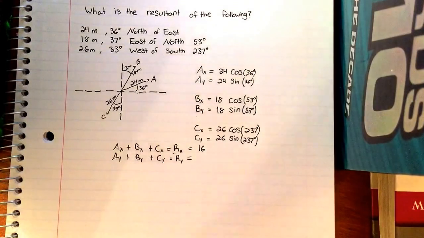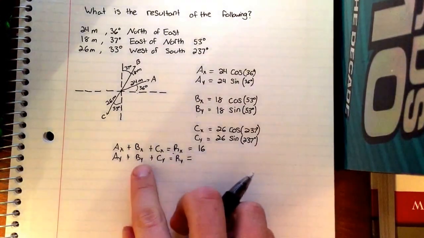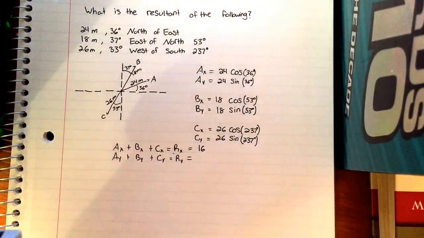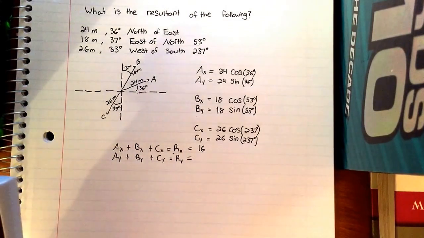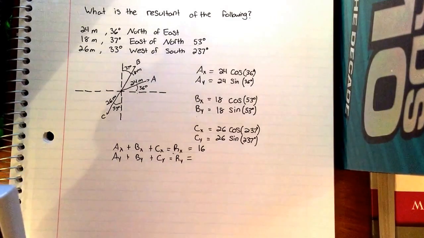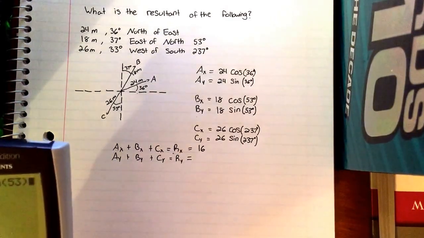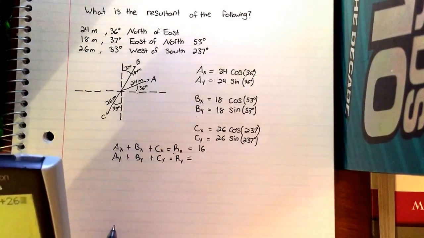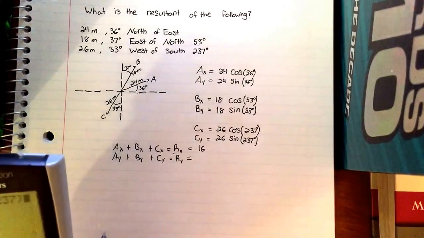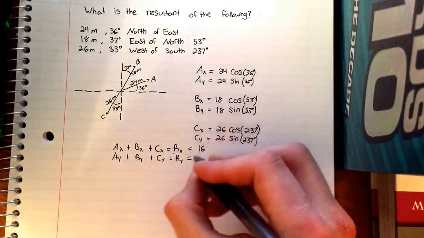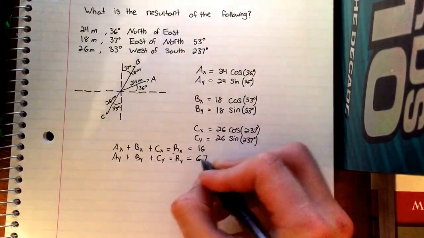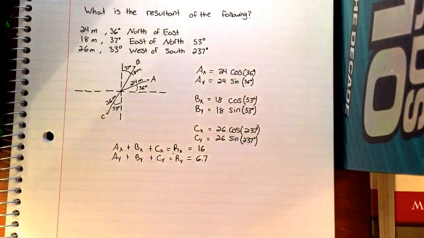And now, on to the next one. ay plus by plus cy: 24 sine 36 plus 18 sine 53 plus 26 sine 237. And we're going to get 6.67 or 6.7 because we're going by significant figures.